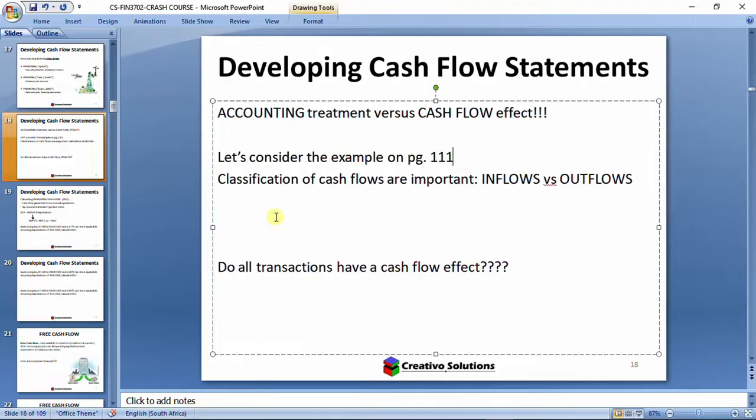So question quickly, do all transactions have a cash flow effect? Really, all transactions?